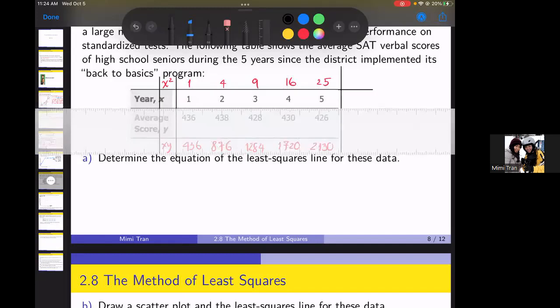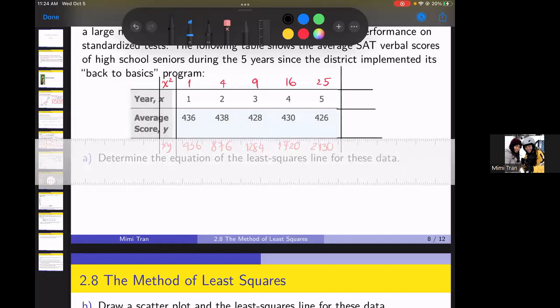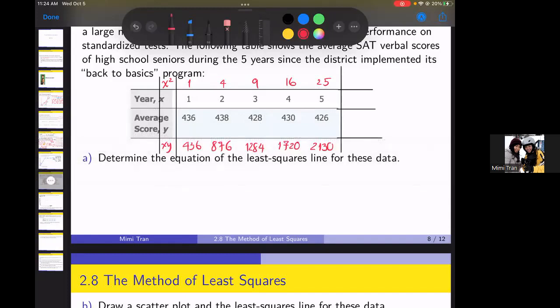And then the sum of those. 1 plus 4 plus 9 plus 16 plus 25 is 55. 1 plus 2 plus 3 plus 4 plus 5 is 15. 436 plus 438 plus 428 plus 430 plus 426, check with me, okay? 2,158.